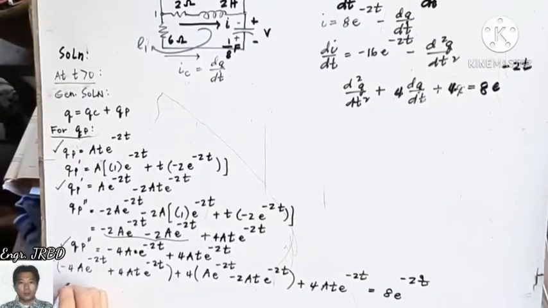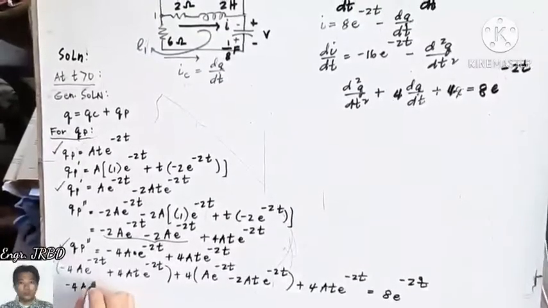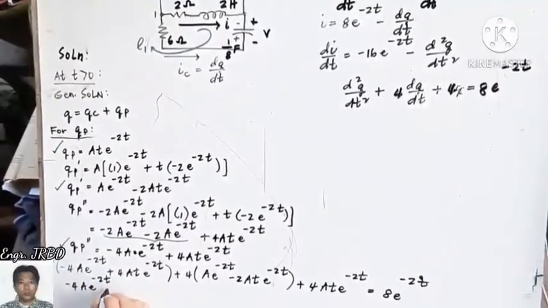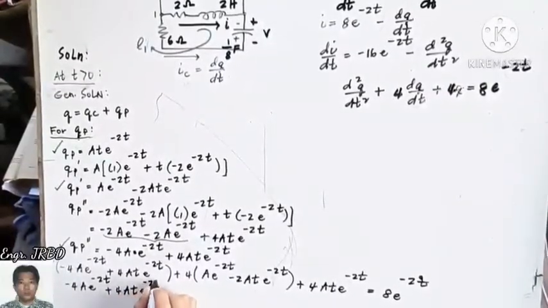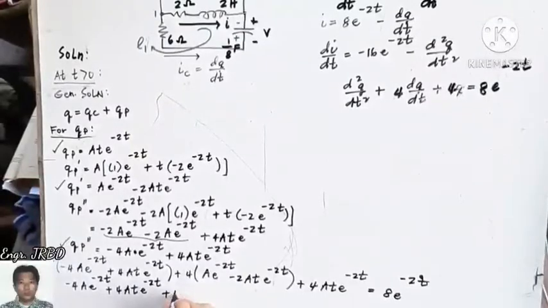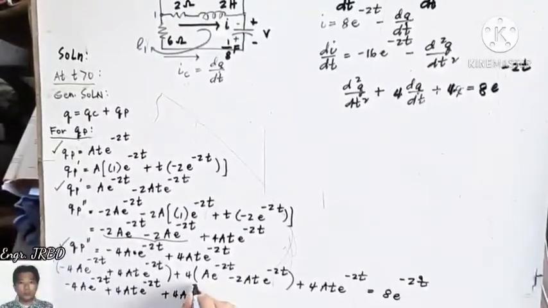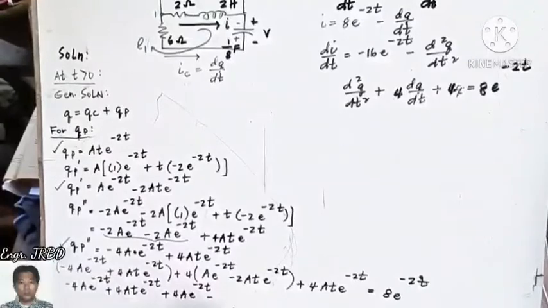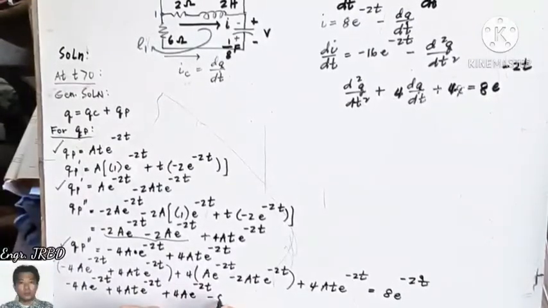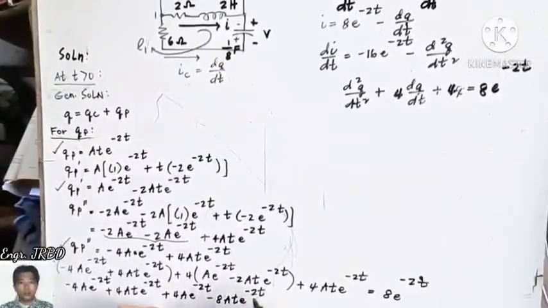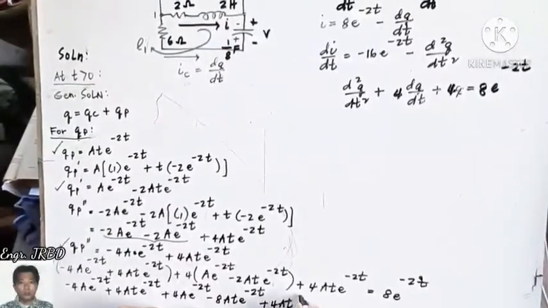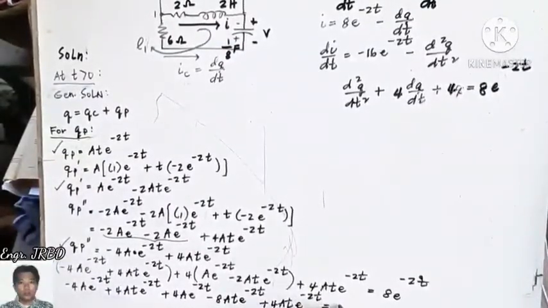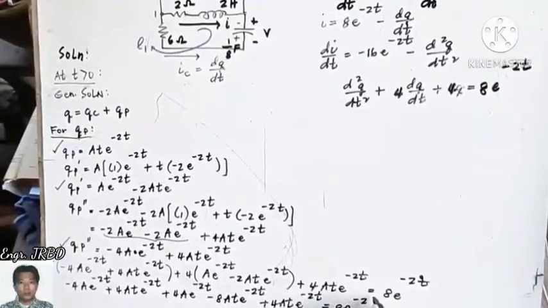Simplifying, negative 4a e raised to negative 2t plus 4a times t e raised to negative 2t plus 4a e raised to negative 2t minus 8a times t e raised to negative 2t plus 4a times t e raised to negative 2t is 8 e raised to negative 2t.